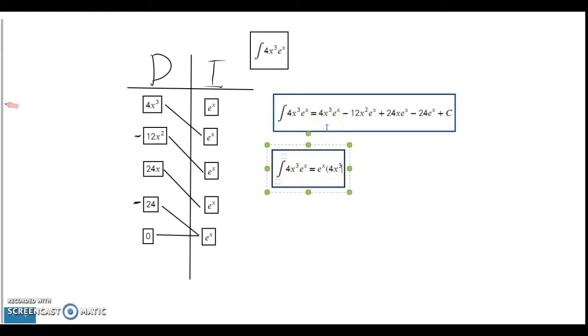And it will give you the same answer, but it looks a bit neater, all depending on how your professor or whoever is grading your papers wants it. 24x minus 24 plus c. Alright. So I hope by now integration by parts is starting to look a little bit easier. And so let's get into our last two examples and let's see how this goes.